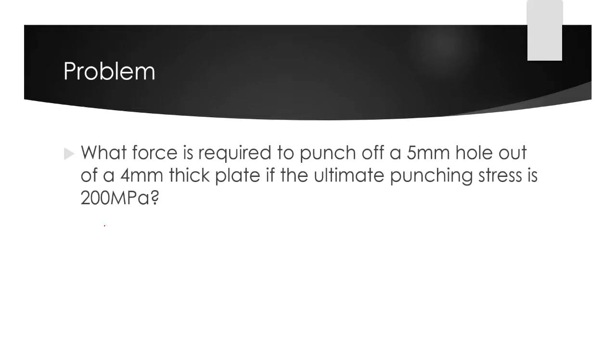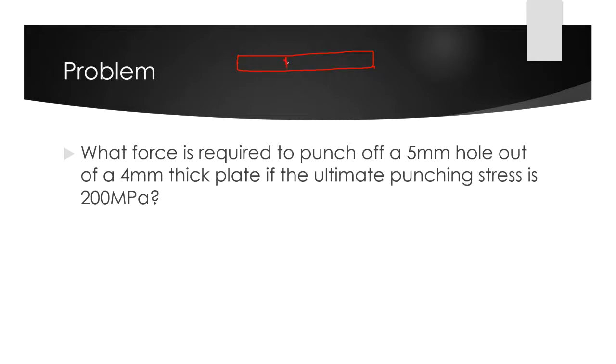Next is, what force is required to punch off a 5 millimeter hole out of a 4 millimeter thick plate if the ultimate punching stress is 200 megapascal? This was actually the same problem with your sim. So you can just answer this one. So it says here that this is our plane and we'll be punching a hole out of this one.